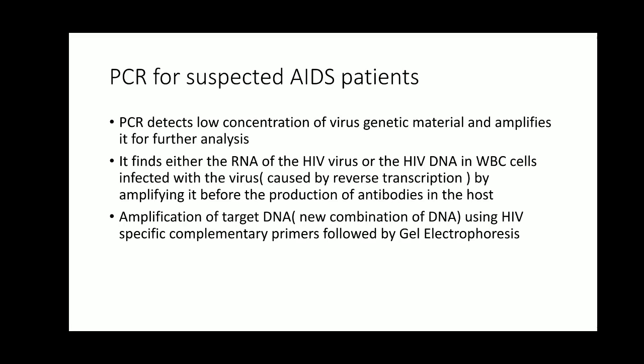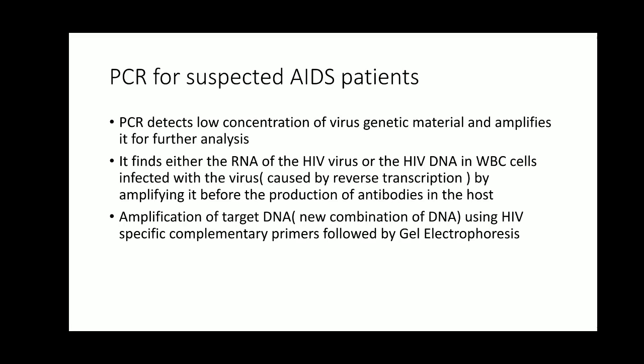By research and development we already know, for the HIV virus, what the complementary DNA is. Through reverse transcription in vitro, we produce DNA from RNA, and for that DNA the complementary DNA is also formed. So we are using certain primers.